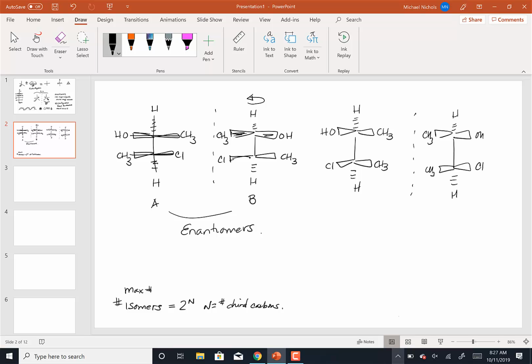So there's the mirror image. So C and D are non-superimposable mirror image isomers. So C and D are enantiomers.